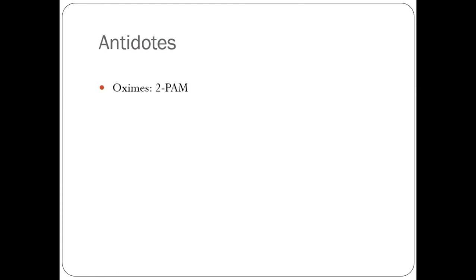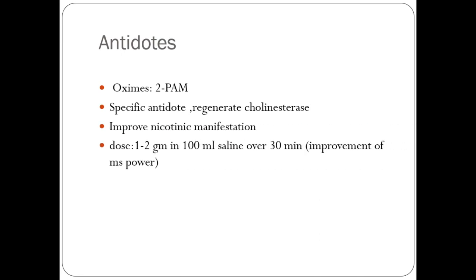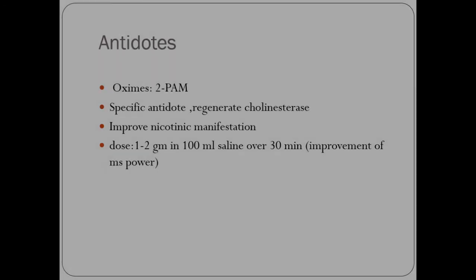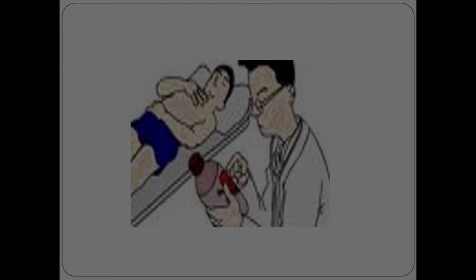Okay. So oxime is a specific antidote that regenerates the enzyme and improves nicotinic manifestations, and is given in a dose of 1 to 2 gram in normal saline over 30 minutes. Take care, as I told you, it must be given during the initial period of poisoning, not more than 18 hours, because after that the bond is irreversible.